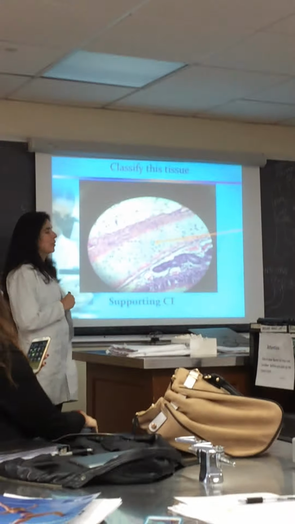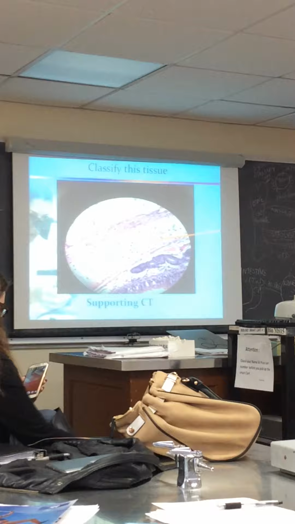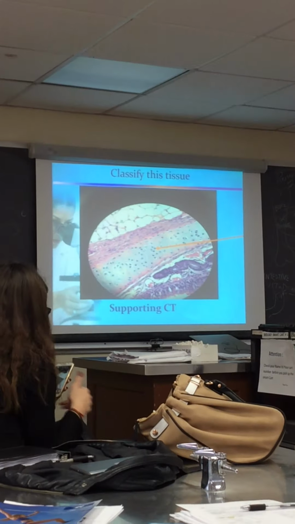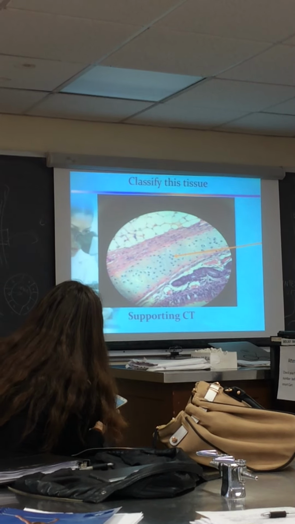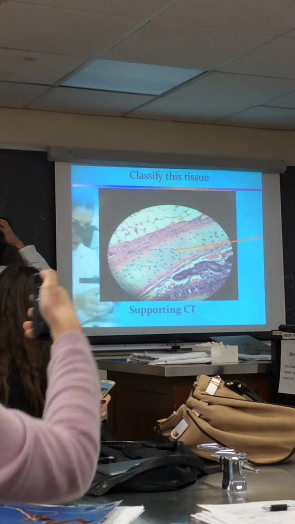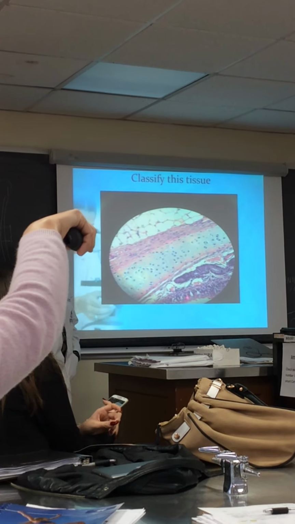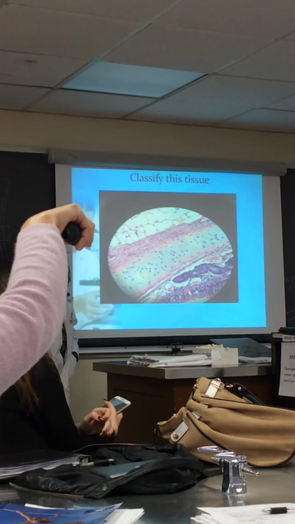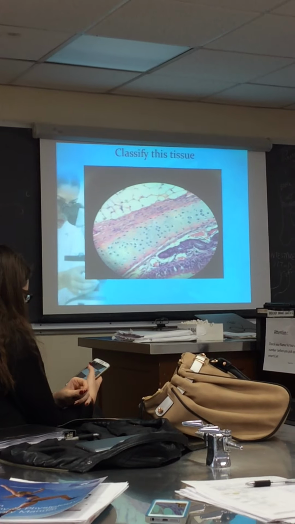There are at least two more that you can see in this slide. So the stratified, yes. Can you show me where? So point here. This one right here? Yes, pseudostratified. That's pseudostratified epithelium.